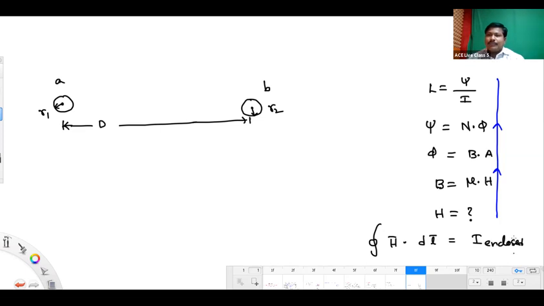First you should take one circle, and how much current is enclosed inside that circle will decide the magnetic field intensity H value. Following all of you? Very simple thing.